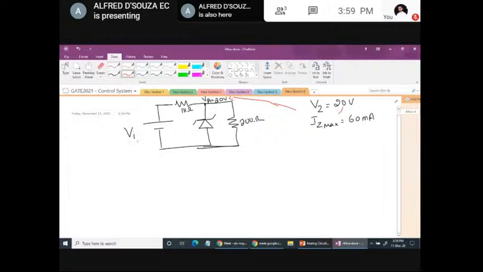VA should be 20 volt. So we shall apply the voltage division. Forget about the Zener diode for a moment. VA can be calculated using voltage division, VI into 200 by 1000 plus 200. So 20 equals VI into 200 by 1200.